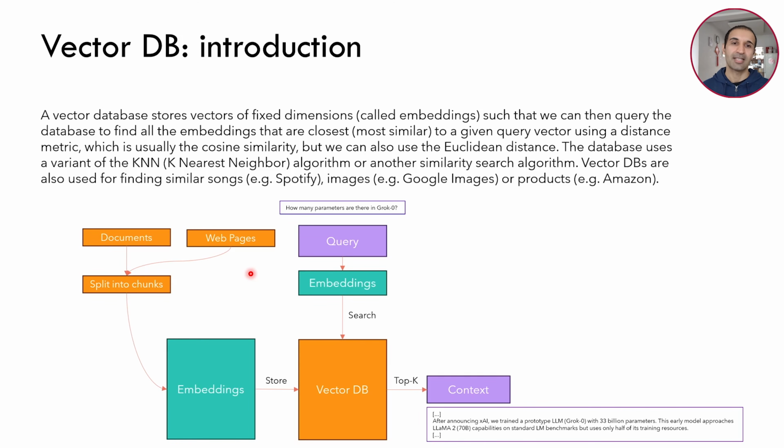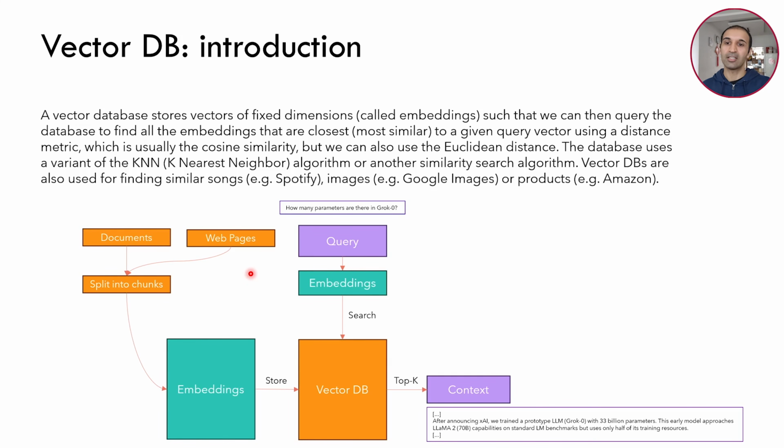And vector databases are not only used in retrieval augmented generation pipelines, they are also used for finding, for example, similar songs. If we have songs, we can create embeddings of them, some vector that captures all the information about that song, and then we can find similar songs given, for example, a user who wants to find all the similar songs to a given one.